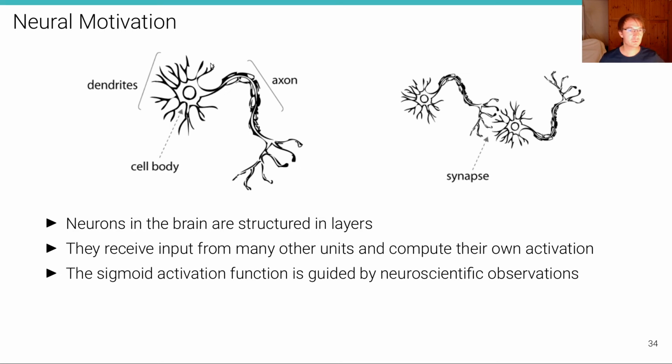So here's an example where we have a single neuron. The dendrites receive incoming electric signals through the synapses, through the neurotransmitters. And then the signal is accumulated in the cell, and this is basically the linear combination. You can think of this as the linear combination in a logistic regression model.